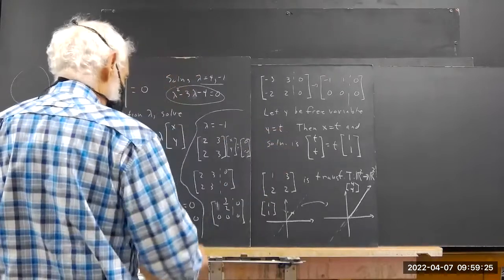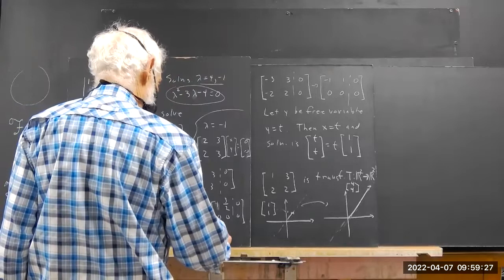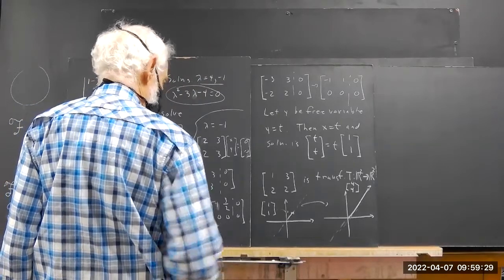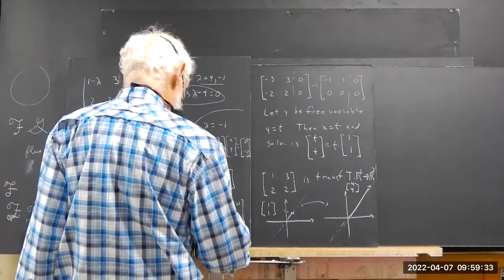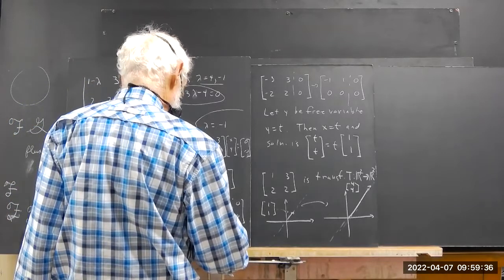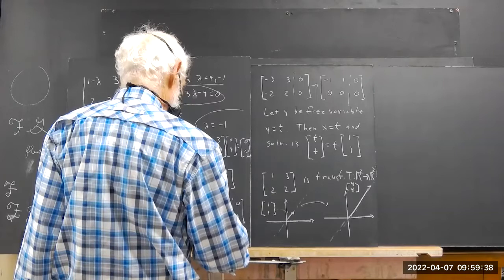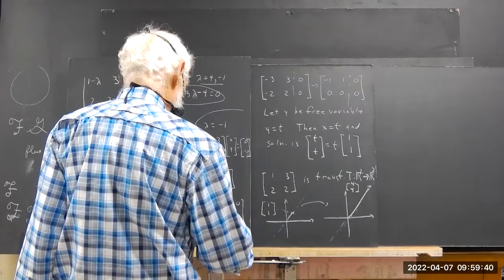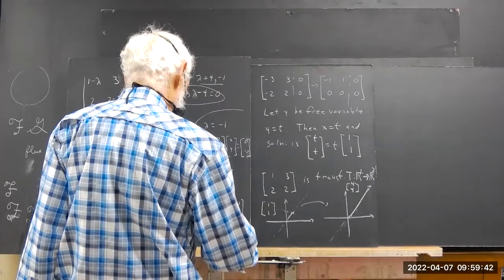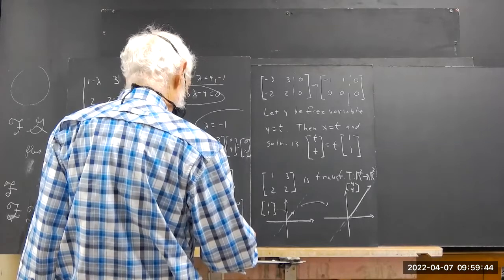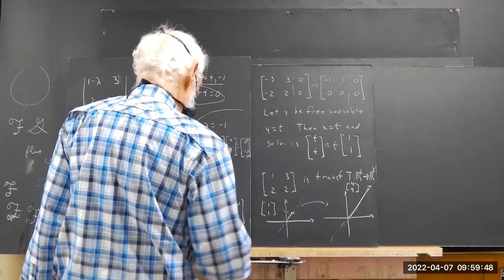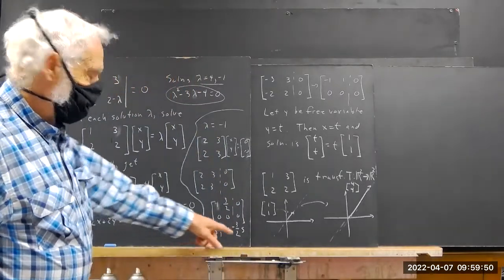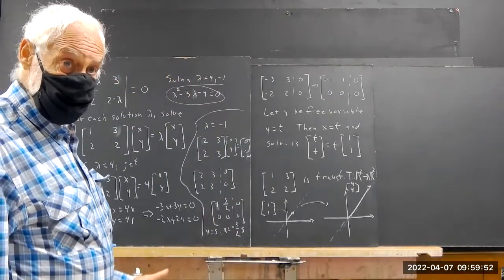So the free variable we'll call s. Okay, for y equals s, x equals negative 3 halves s.